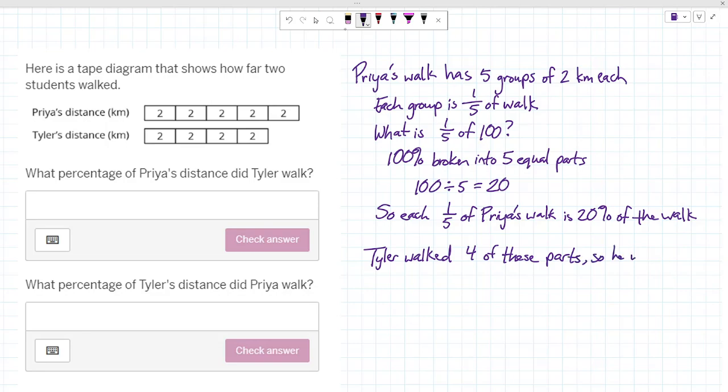So he walked 4 times 20%. And what's 4 times 20? 80%. So Tyler walked 80% of Priya's walk.